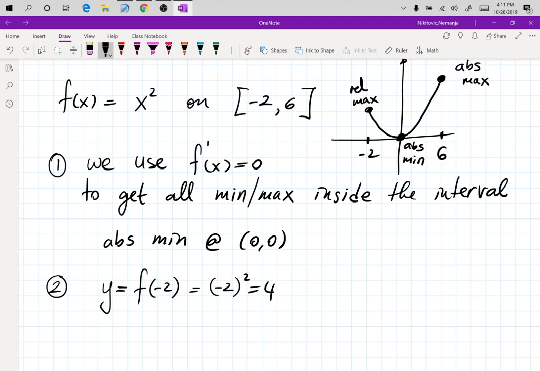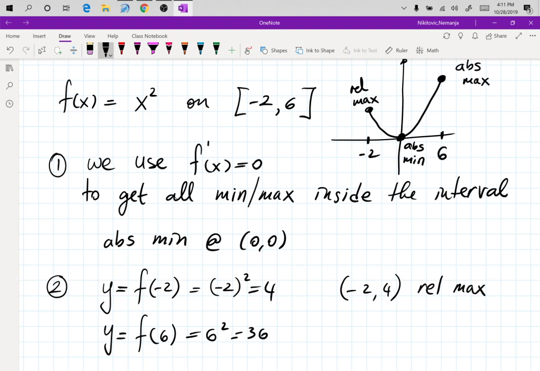So we're going to have (-2, 4) as a relative max, and f of 6, which is 6 squared, which is 36, which was the ABS max. And now it all matches. So you have the full problem, except part 1 was done earlier, so I didn't do it.